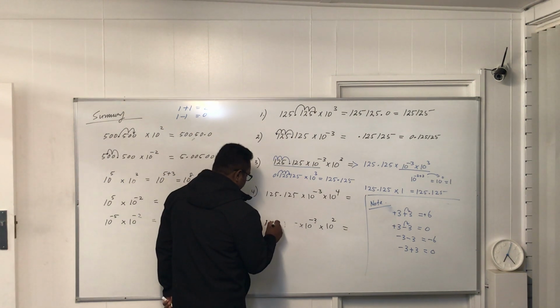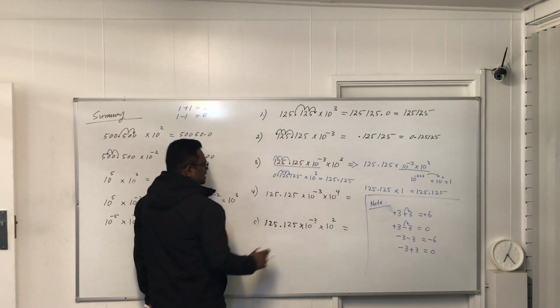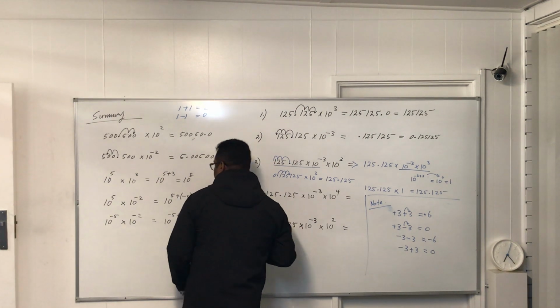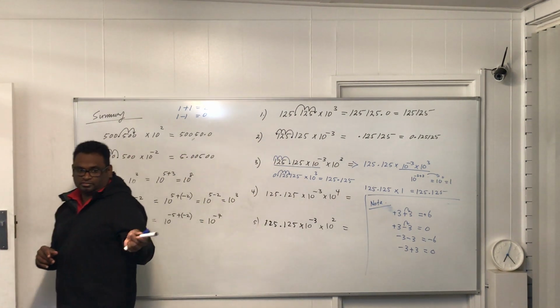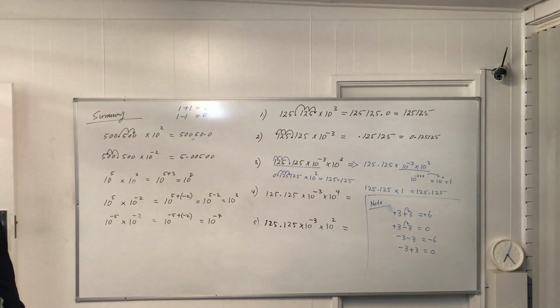It should be 125 times 10 to the power, put the rest. Do questions 4 and 5 and give me the answer. Everyone should do this. I'm going to check individually.